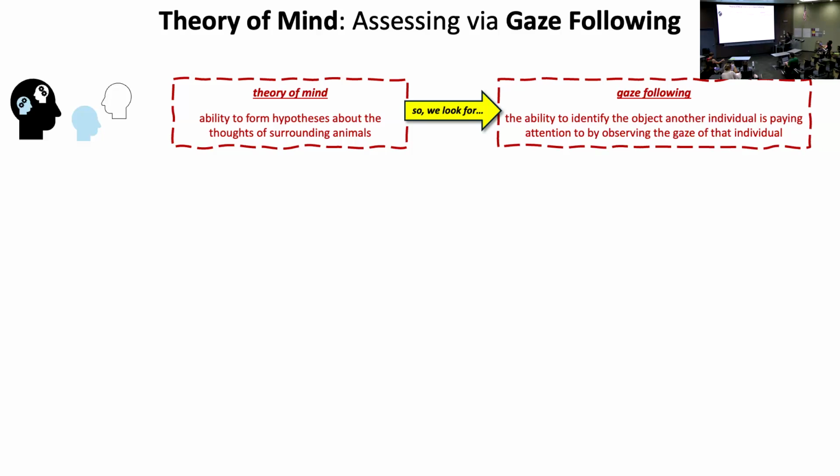So what is gaze following? Well, the idea there is, can you get an animal to direct its attention to an object simply by observing where another animal is looking? That's what we mean by gaze following.